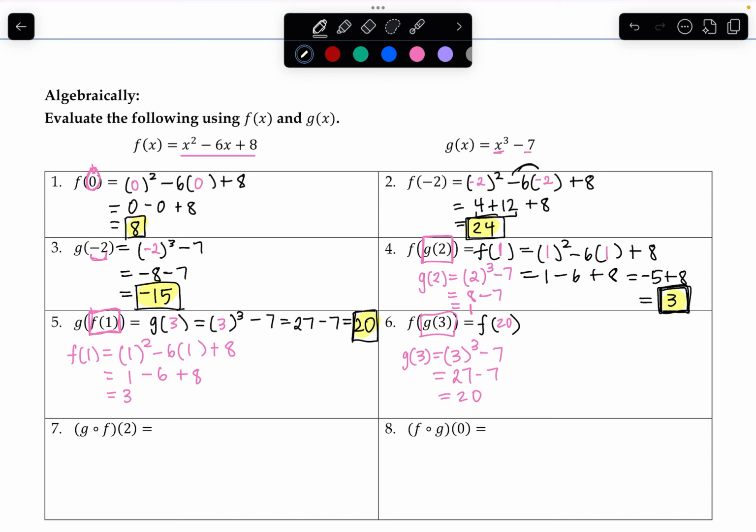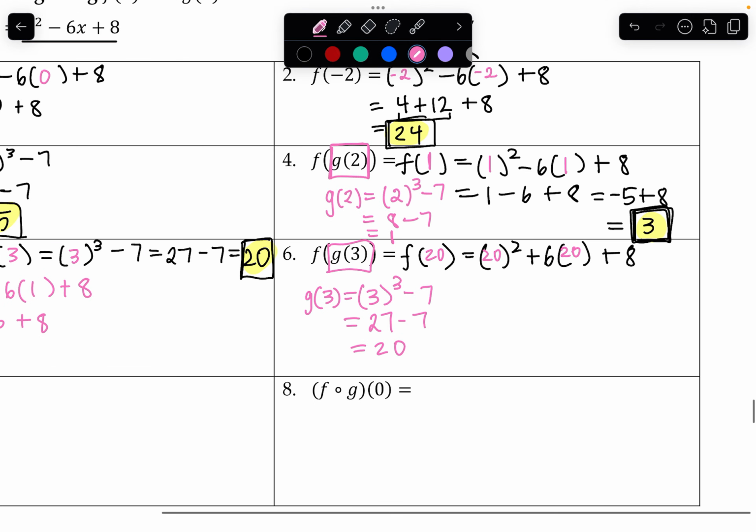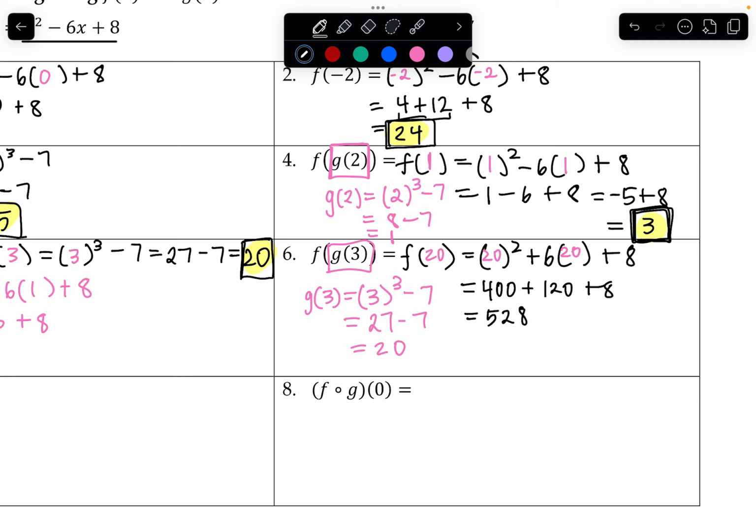Oh no, this is going to be a large number. Get our rule for f, which is x squared minus 6x plus 8. And we're filling in 20. Twenty squared is 400. 6 times 20 is 120. Not too bad. We get 528 for our final answer.